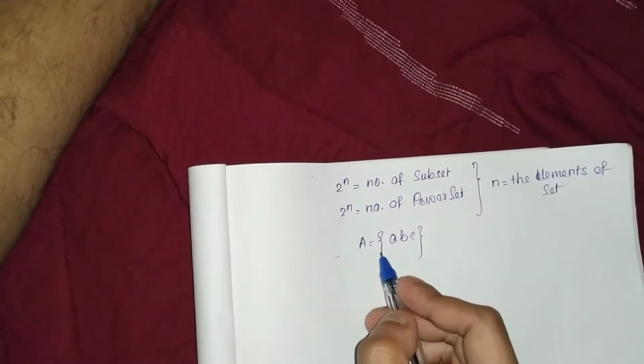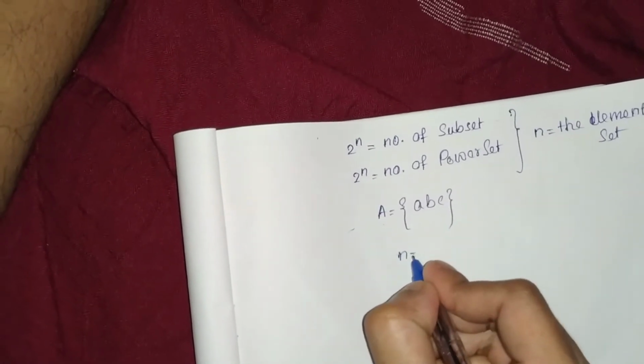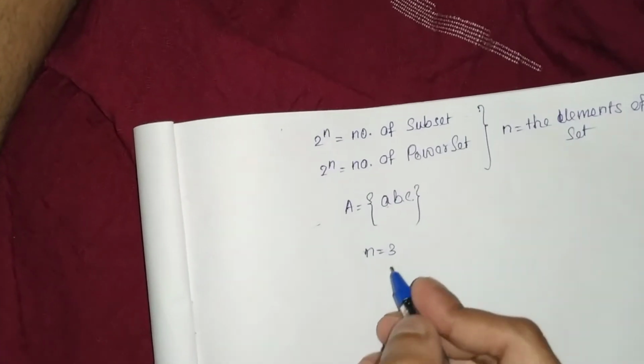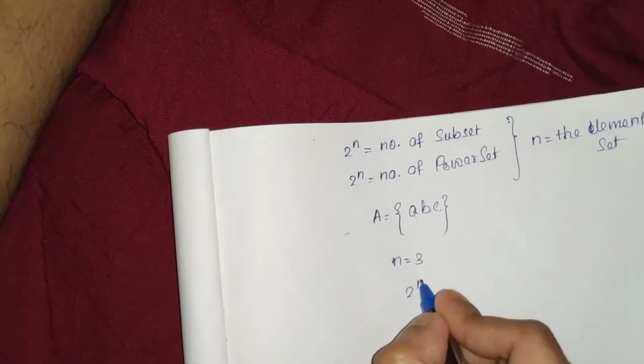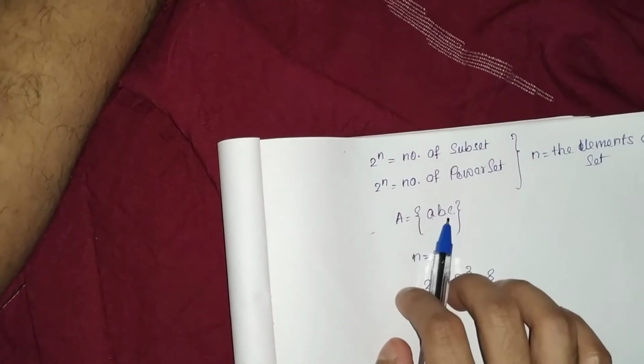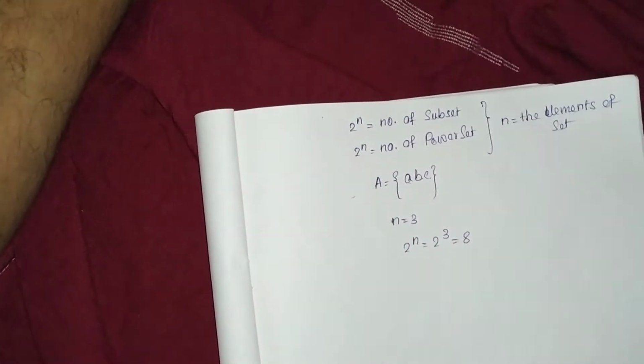So in this example n is equal to 3 because we have 3 elements, and 2 to the power n is equal to 2 to the power 3, which is equal to 8. So in this set there exist 8 subsets or 8 power sets. Both are similar. Subset or power set are similar.